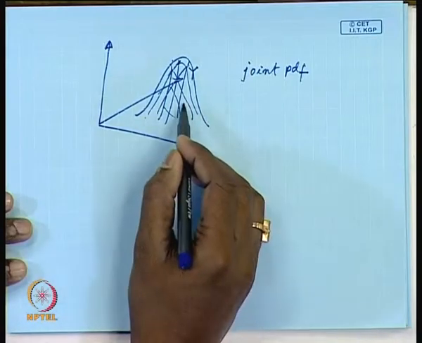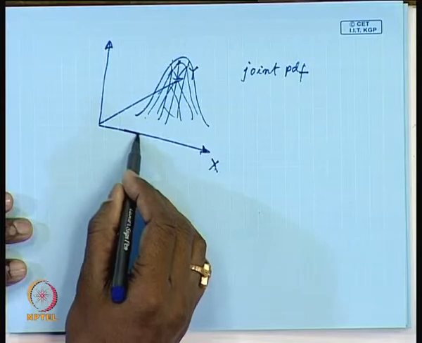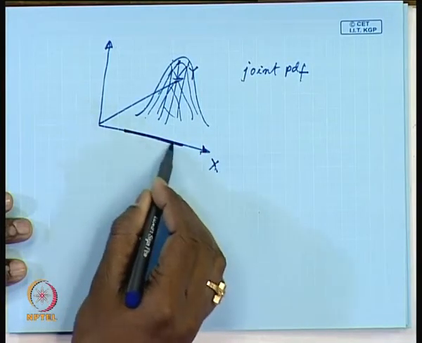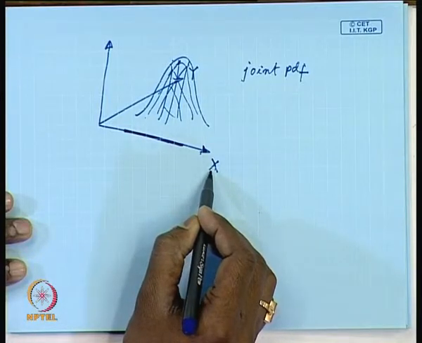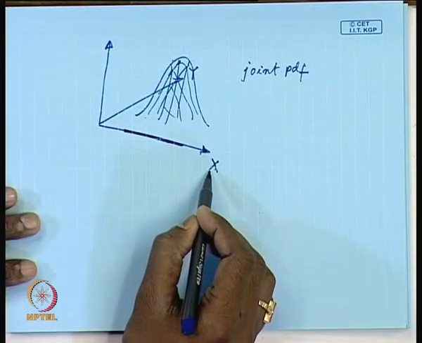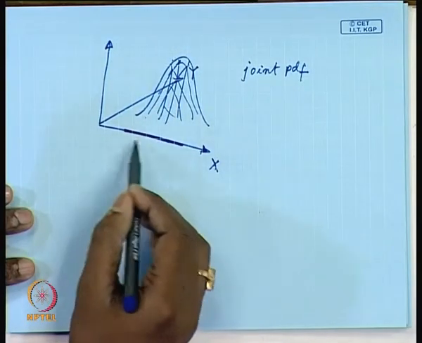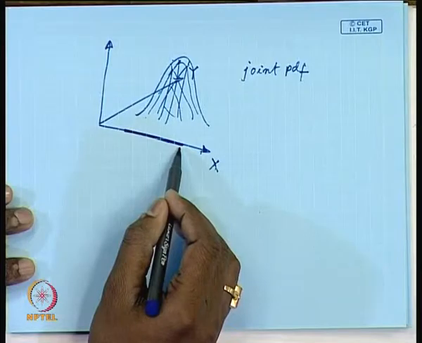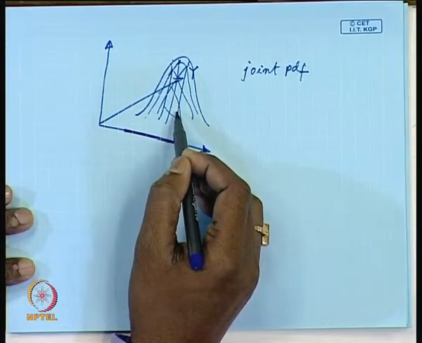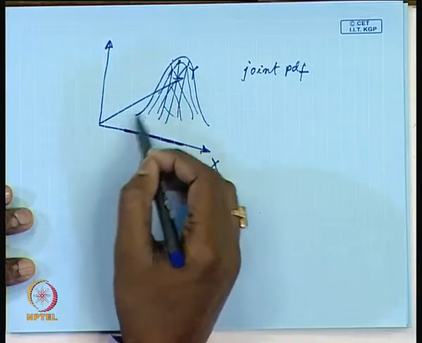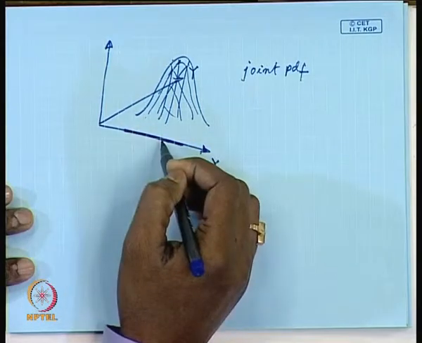Suppose that I have this joint probability distribution and I want to know the distribution over this axis, meaning for this random variable x. Sometimes, irrespective of the distribution of y, I just want to know the distribution of x. The joint PDF, as we discussed in the last lecture also, shows the behavior of the simultaneous occurrence of both the variables.